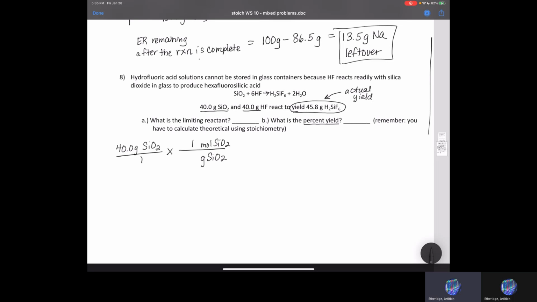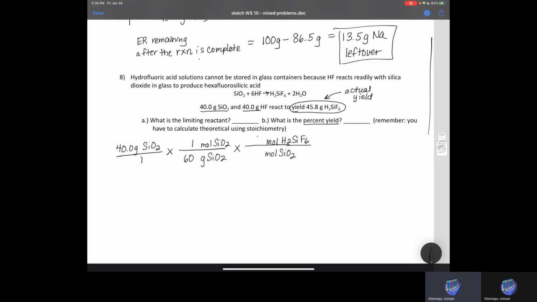Remember, molar mass is 1 mole, and for silicon dioxide, the molar mass is about 60. Okay, we have mole of silicon dioxide on the bottom because we had it on the top of the previous equation. And then we need the mole of what we're going to, and that's going to be H2SiF6.